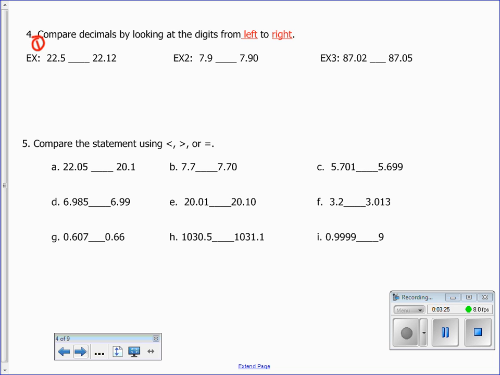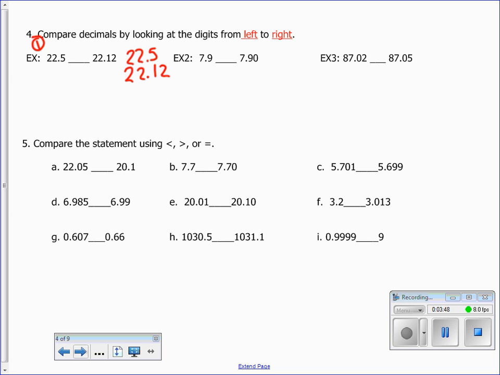Well, how can you compare that if you don't know by looking? Line the decimals up with their decimals. So I wrote down 22 and 5/10. Then I wrote 22 and 12/100.